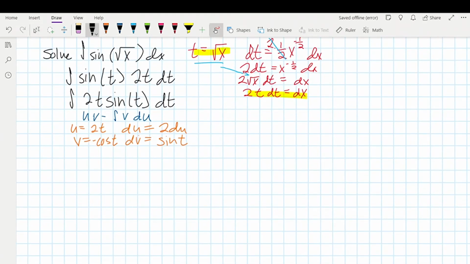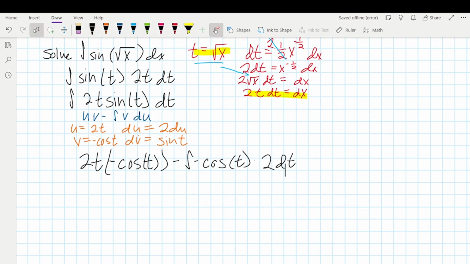Okay, so to rewrite this in this form, we are going to say the integral of 2t, or we don't need that integral sign yet actually, so it's going to be 2t times negative cosine t minus the integral of negative cosine t times 2 dt.